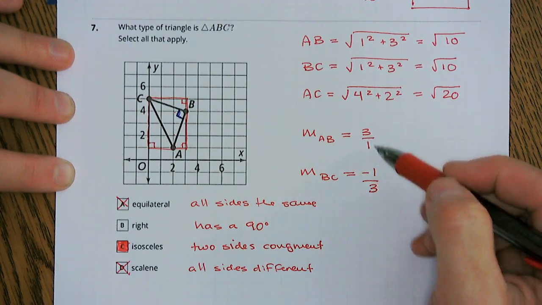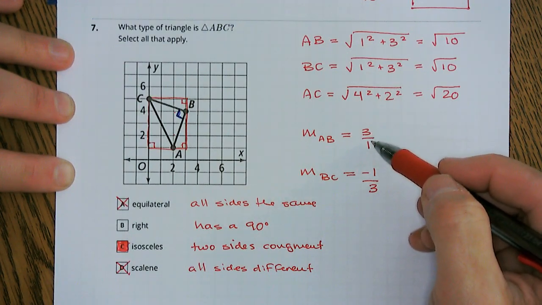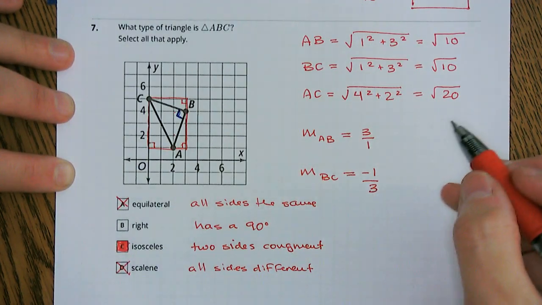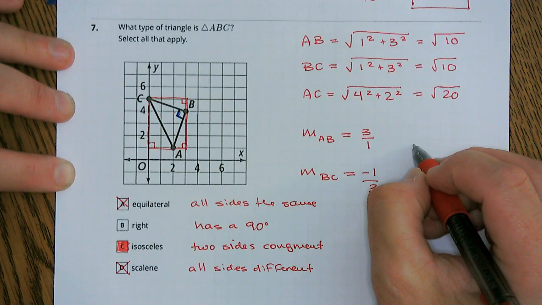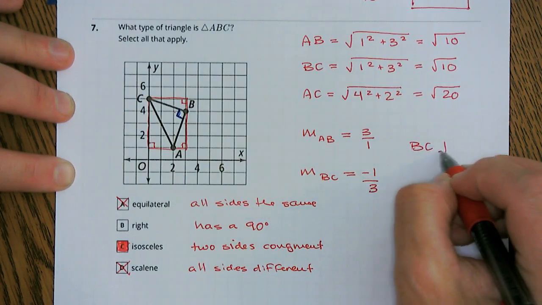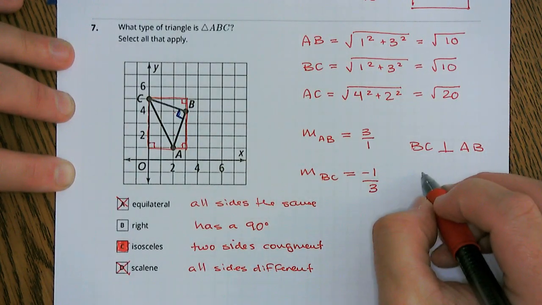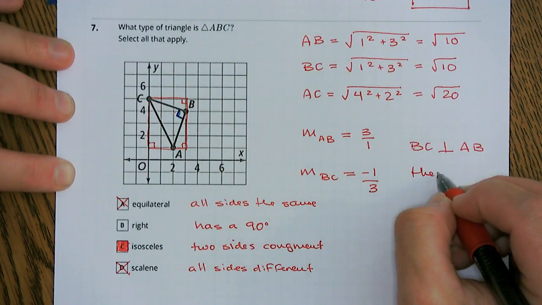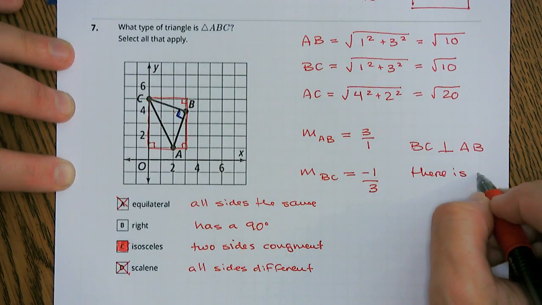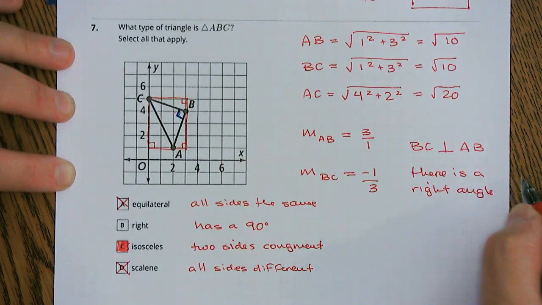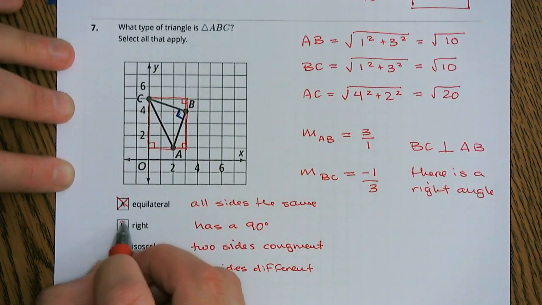These are opposite signs, positive and negative, and reciprocals, 3 over 1, 1 over 3. Therefore, we know that BC is perpendicular to AB, and if we're perpendicular, that means there is definitely a right angle where BC and AB meet. So that's why we have a right isosceles triangle.